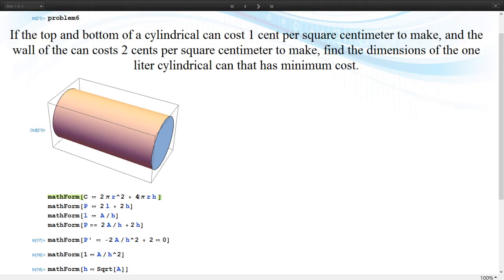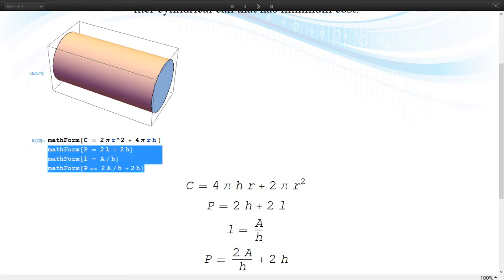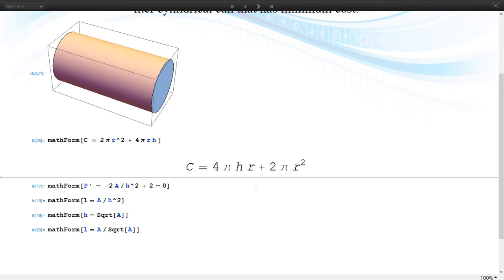That would have been fine. But if I did that, I would have to make sure that both terms are in dollars, because you can't add non-like units without converting. So if I had one of these in cents and the other in dollars, I would have to convert one into the other before I add. So here's my cost equation.